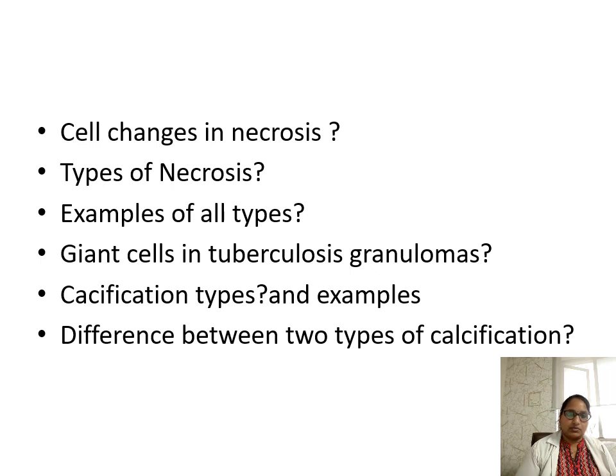What types of giant cells do we see in tuberculous granulomas? The Langhans type of giant cells, where we see a horseshoe-shaped arrangement of the nuclei, whereas in foreign body giant cells we see haphazardly arranged nuclei. The characteristic giant cells we see in tuberculosis are the Langhans type.